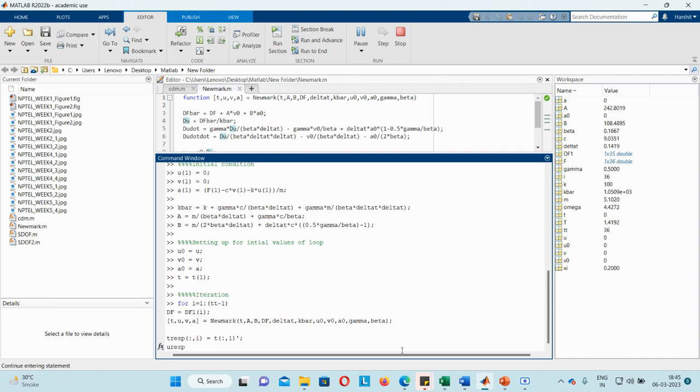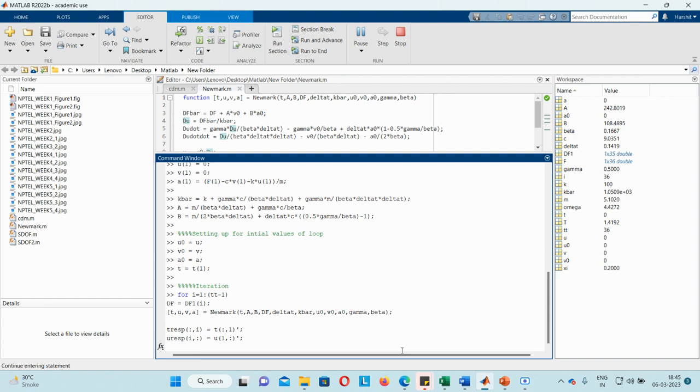Similarly, U response will be nothing but the U value that we are getting. V response will be nothing but the V value that we are getting.